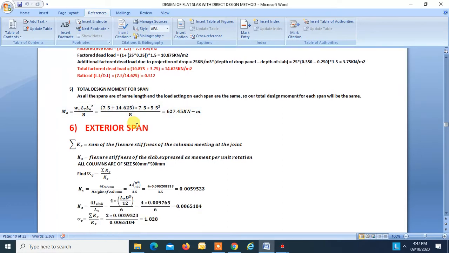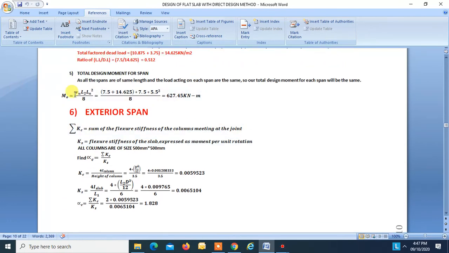Now the next step is to find the total design moment for all the spans, M0. As all the spans are of the same length and the load acting on each span is the same, our total design moment for each span will be the same. So M0 is found to be 627.45 kilonewton meter.